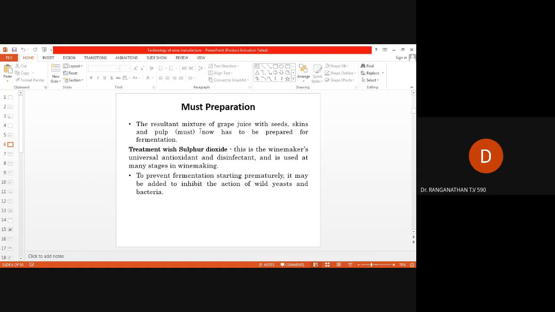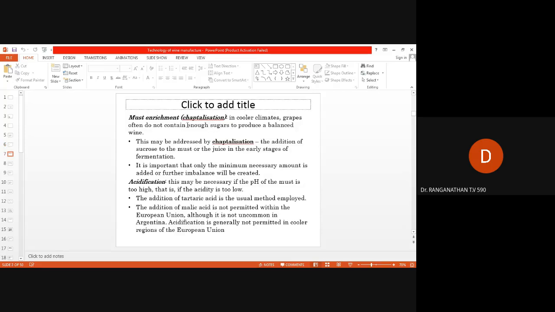After this, the resultant mixture of grape juice with the seed and the pulp is what is called the must. So the must has the grape juice, seed, pulp, and skin. This is called must, and this is then treated with sulfur dioxide to prevent, as I already told you, external contamination. Okay. So after this, you have what is called chaptalization.